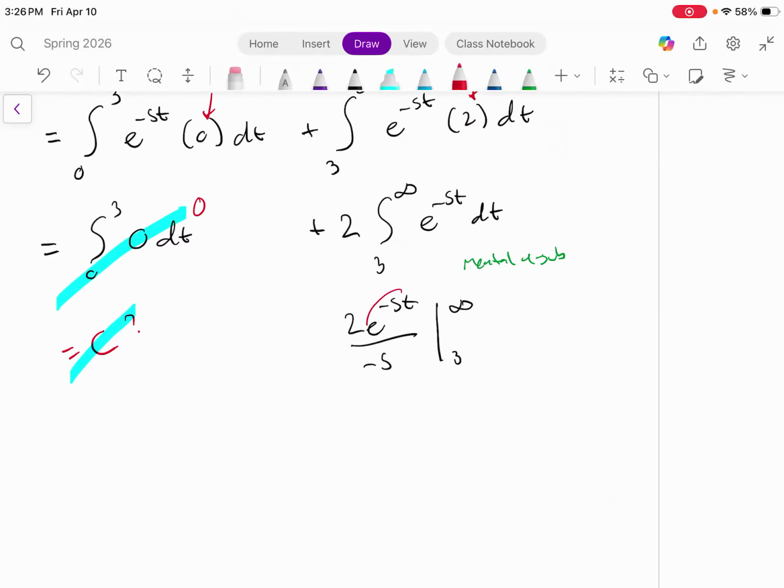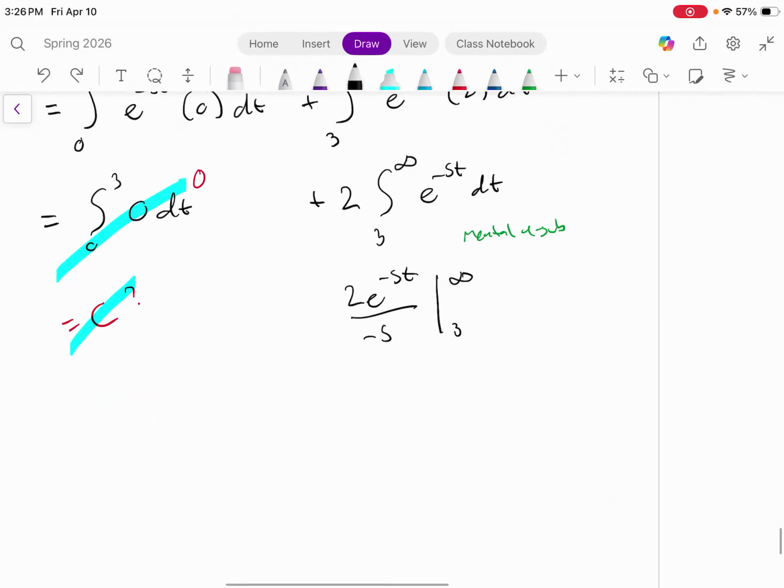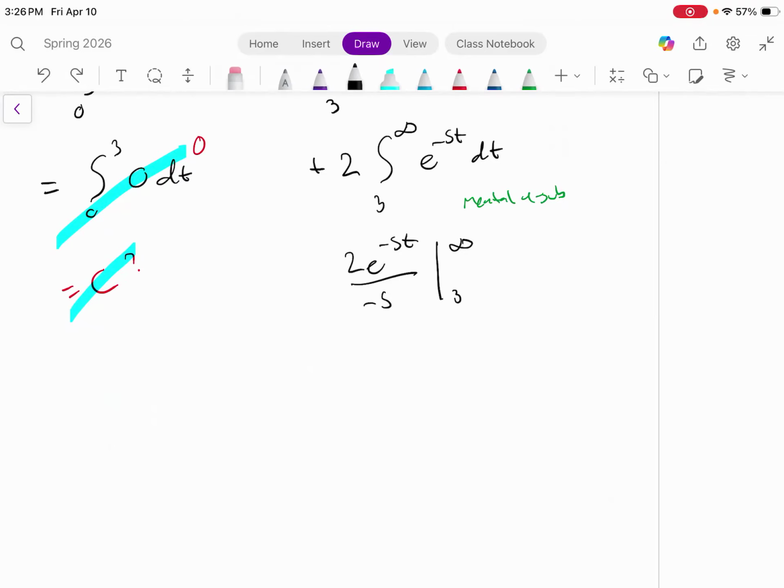Like we've done with a lot of these, we're going to move this down into the denominator to work out our exponentials that go to infinity or 3. So this was like 2 over s e to the negative st.